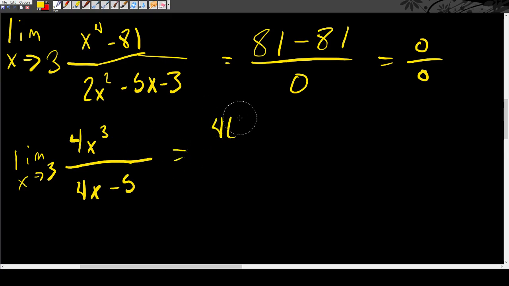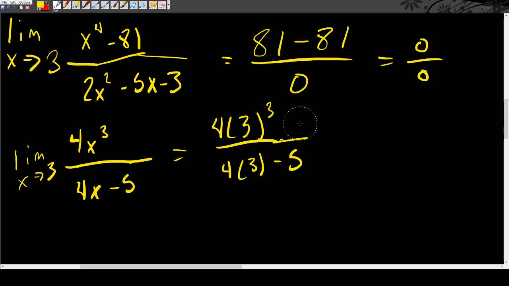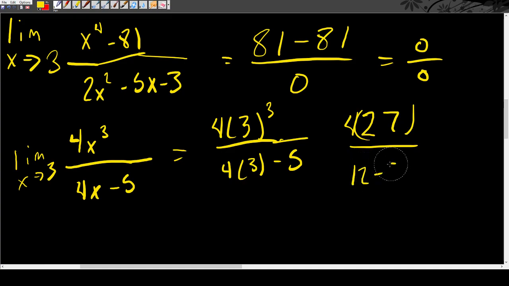So you get 3 to the third over 4 to the 3, 4 times 3 minus 5. So 3 to the third is 27 times 4. I may have to whip out a calculator for this. 12 minus 5. 4 times 27.